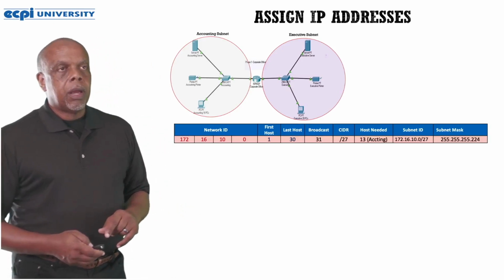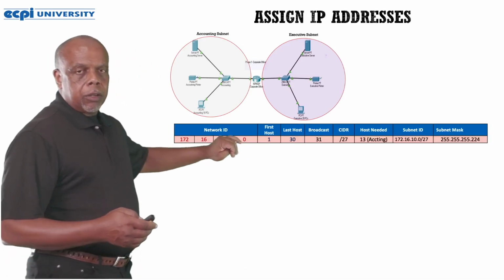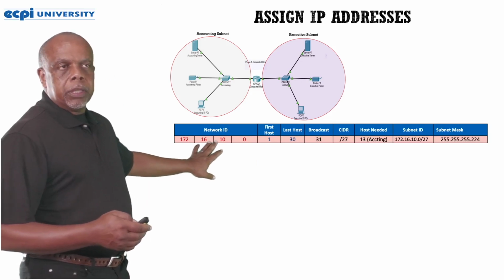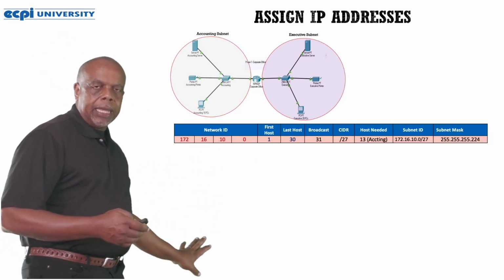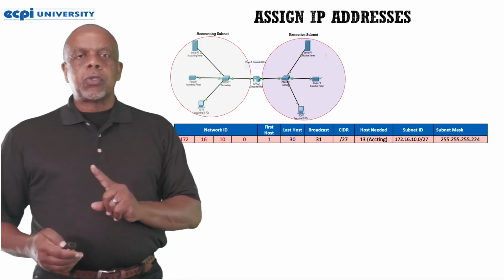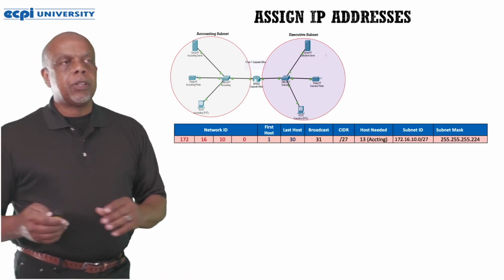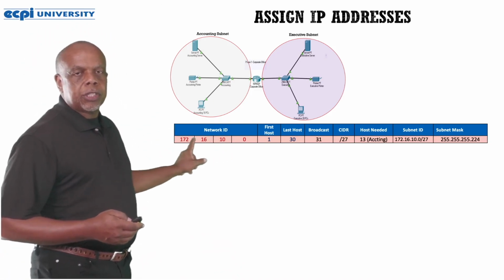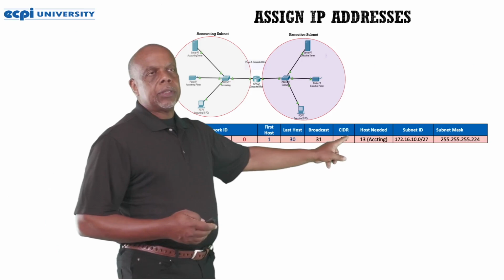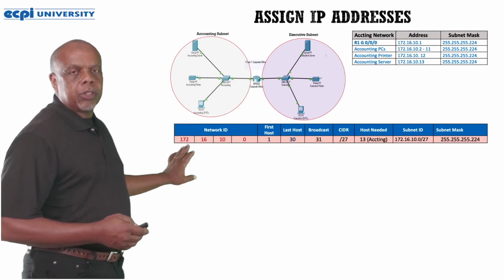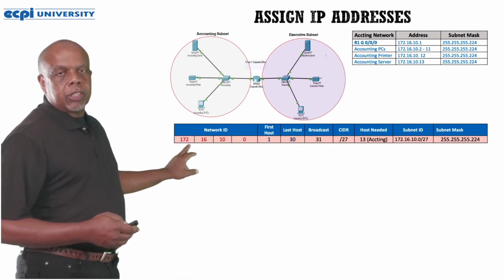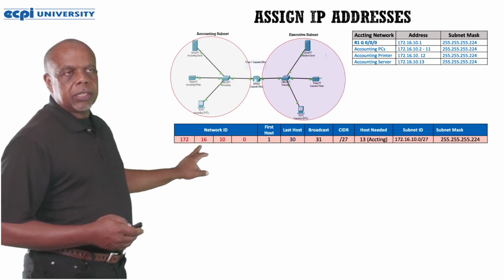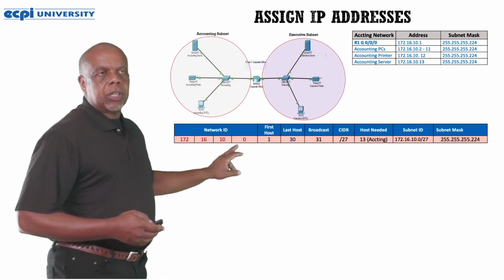If you remember from a couple slides back, we had these network IDs and we had the 8 subnets. We're going to start with the first one and start assigning IP addresses. We're going to assign the first subnet to accounting. The subnet ID is 172.16.10.0.